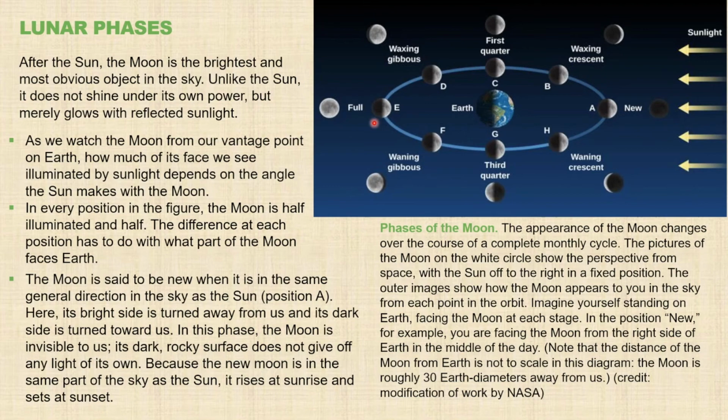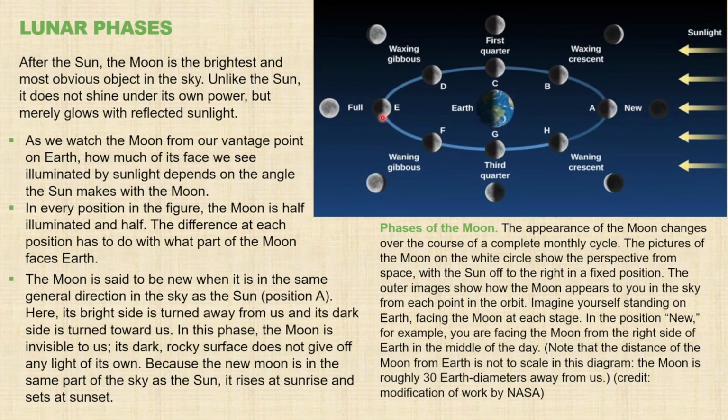Okay, please don't get confused: as you see in the diagram here, at every location the moon is receiving light from the sun and half of it is always illuminated. But because of the position of the Earth, moon, and sun, what we see from the Earth is different.